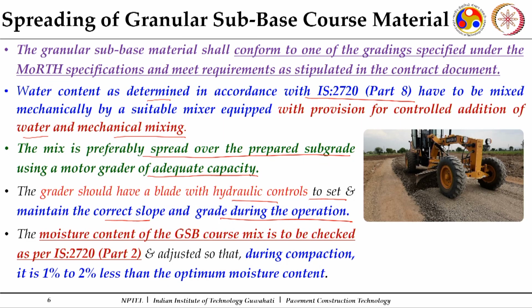But it is important that this drainage layer or the granular sub-base course should be as per the required cross slope, because we are maintaining the cross slope from the subgrade construction itself. So, again, when you are constructing one individual layer, this needs to be ensured. So, the grader will spread the material as per the required cross slope on the prepared subgrade.